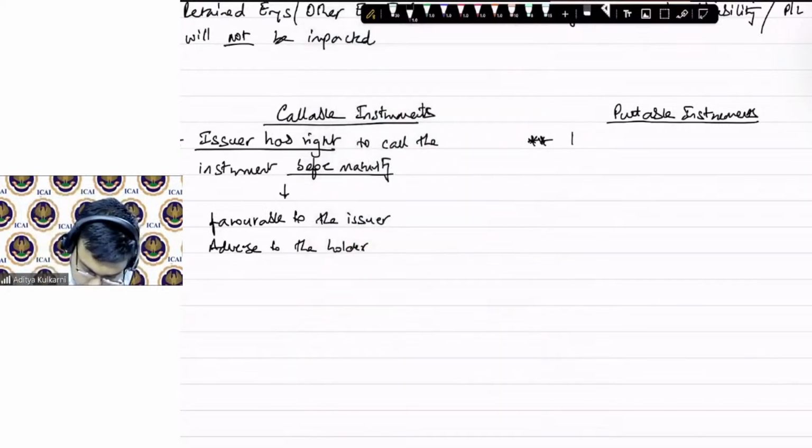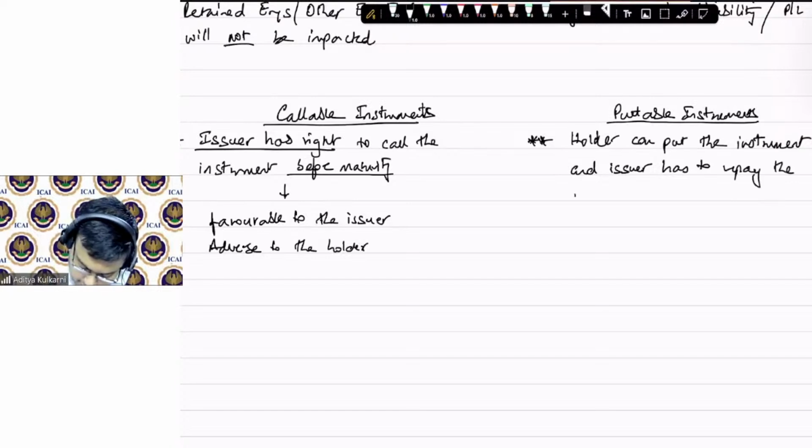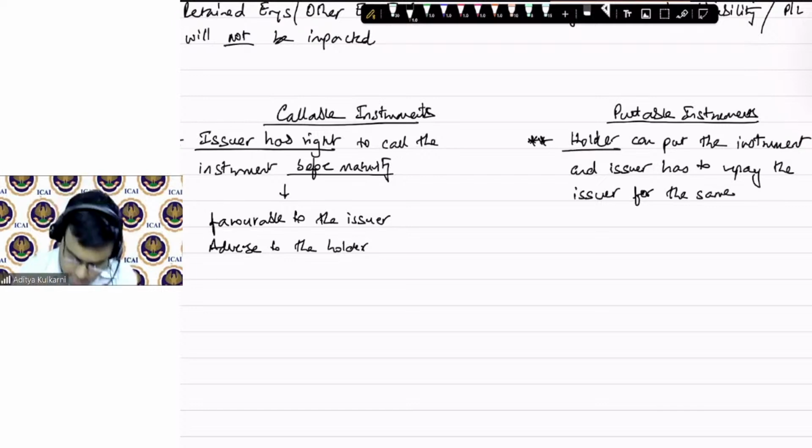The holder. The holder can put the instrument, and the issuer has to return the money or repay the holder for the same. Okay, the holder can put the instrument.